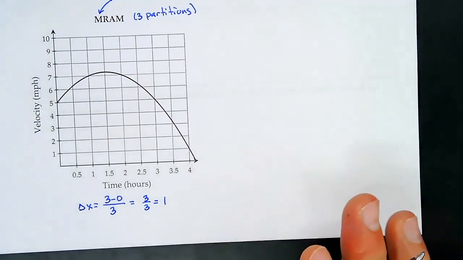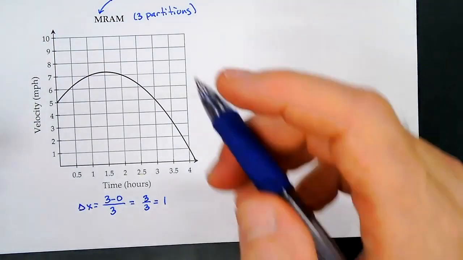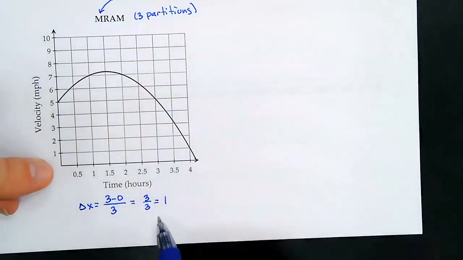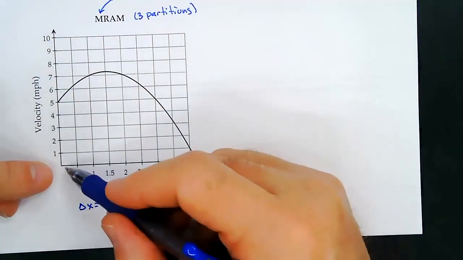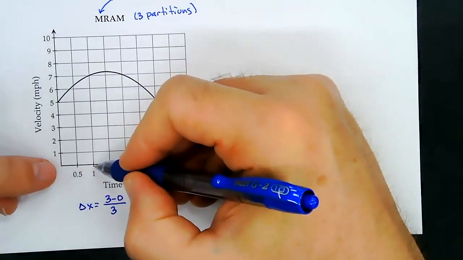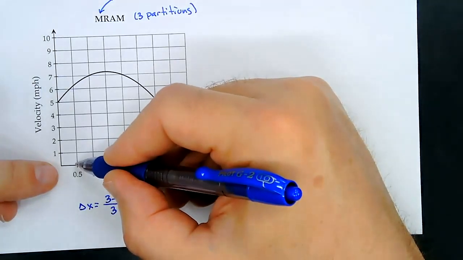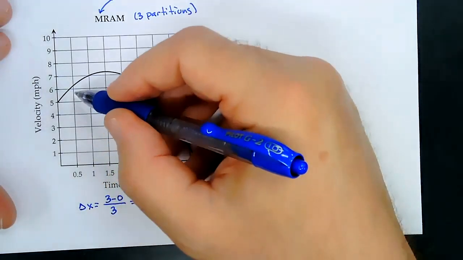So this time, I'm not doing the left, I'm not doing the right, I'm doing the middle. So we're going to go from 0 to 1 because I'm starting at 0 and I'm going to go 1 away. That's going to be my width of my rectangle. And I'm going to go up to the middle of this rectangle, so like 0.5, where it hits the function. So that's what an MRAM is.